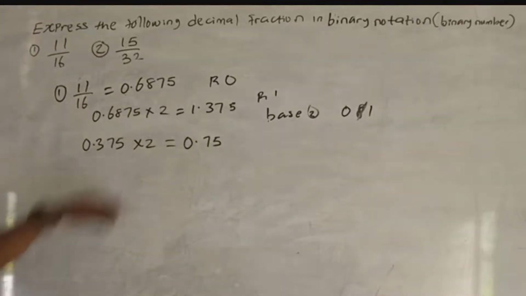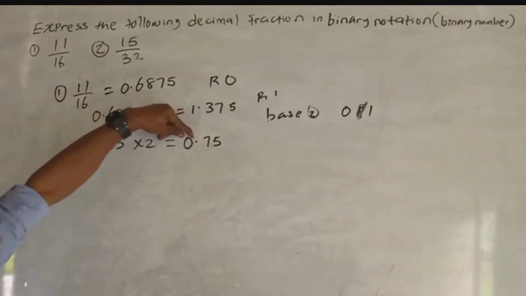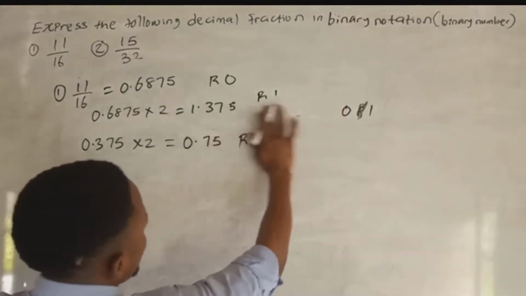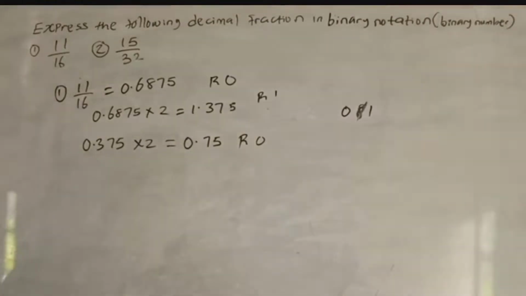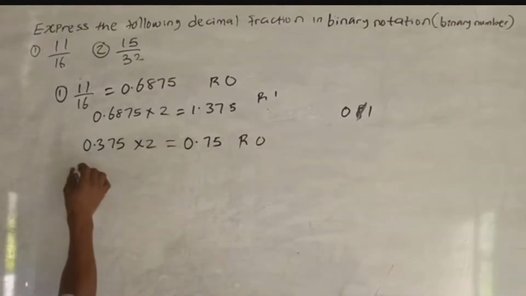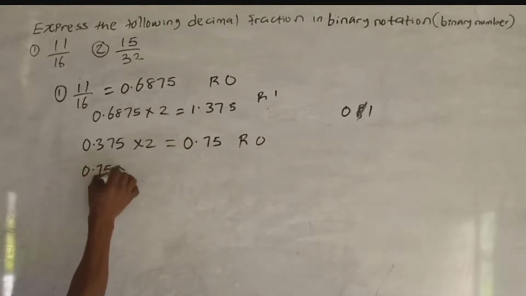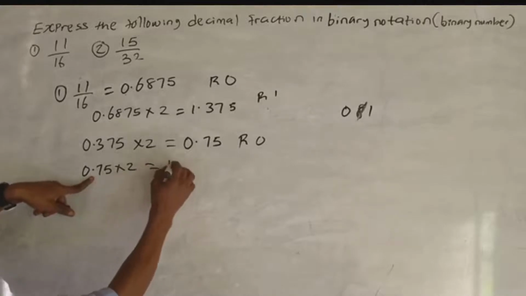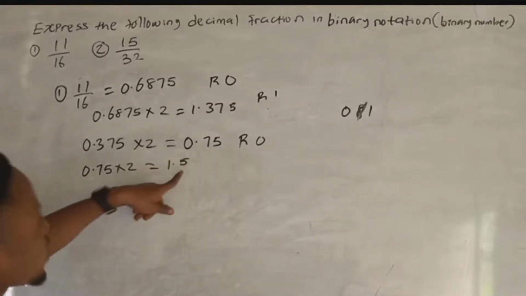So here our remainder is 0. Then we have 0.75, which we again multiply by 2. 0.75 multiplied by 2 gives us 1.5. So the remainder here is 1. The decimal part is 0.5, and we multiply it by the base, 2, which gives 1.